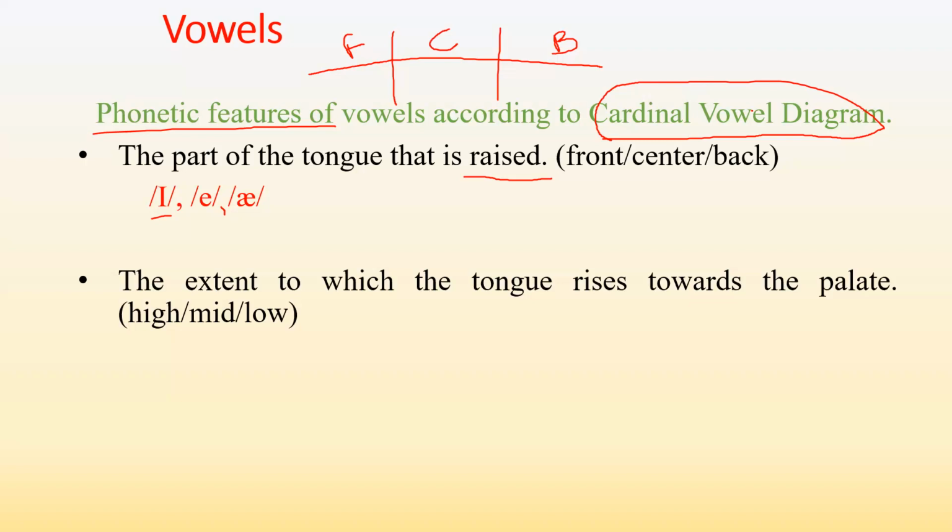A is a front vowel. E is a back. A is central. Is that so? E is a center. A is a back. And A is a front.